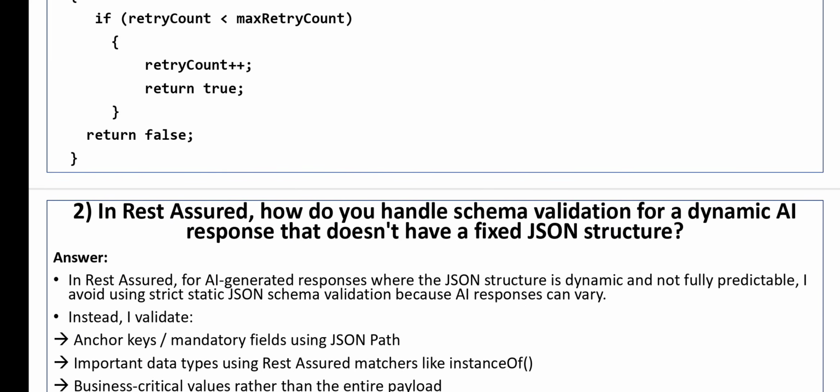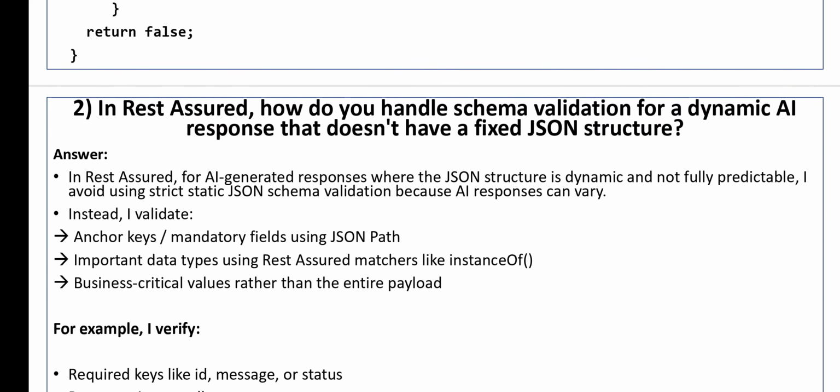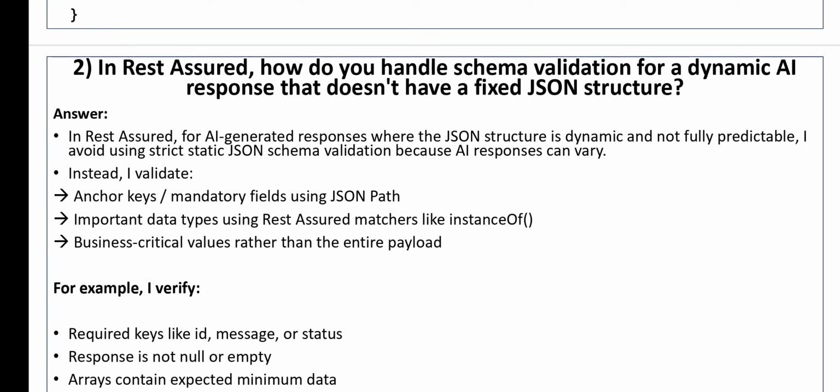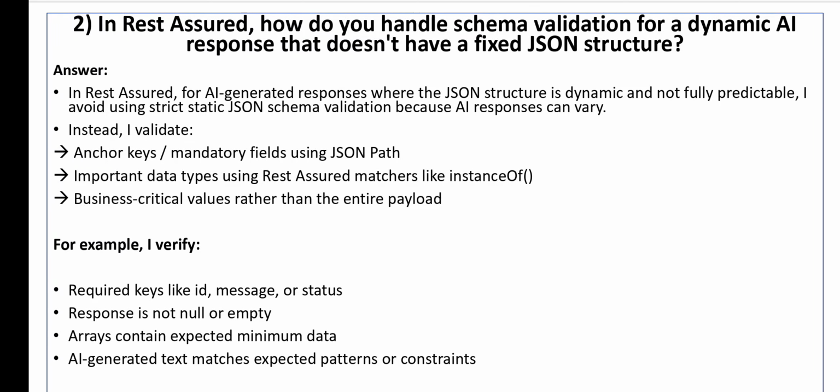The next question goes like, in Rest Assured, how would you handle schema validation for a dynamic AI response that doesn't have a fixed JSON structure? You can tell the interviewer with an interview ready answer. In Rest Assured, for AI generated responses where the JSON structure is dynamic and not fully predictable, I avoid using strict static JSON schema validation because AI responses can vary.